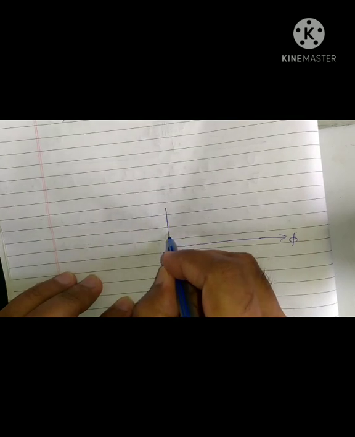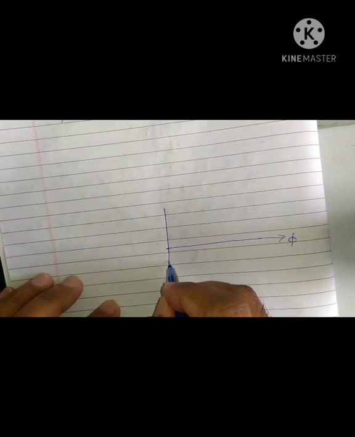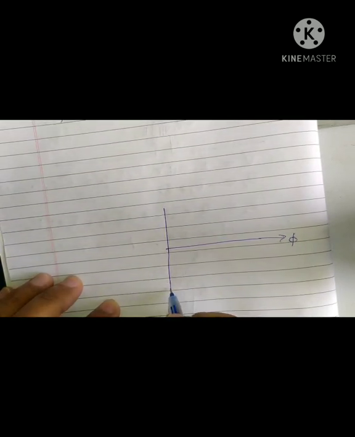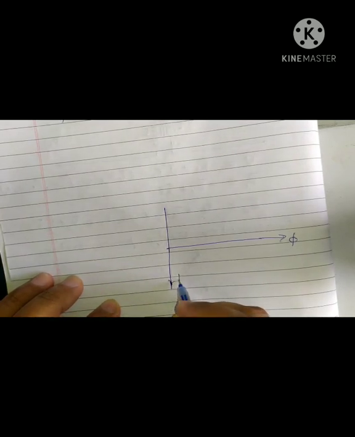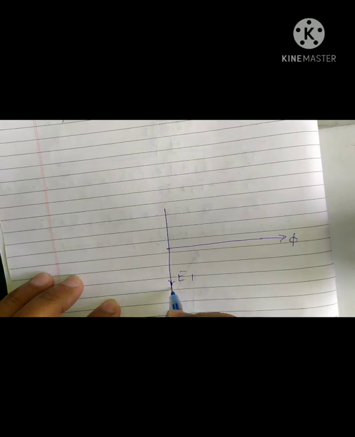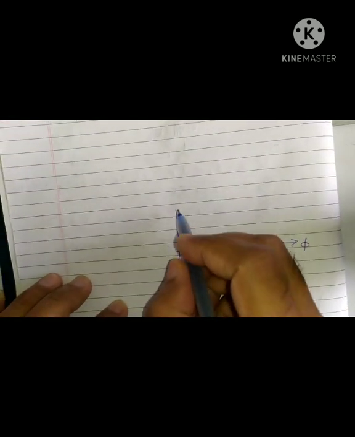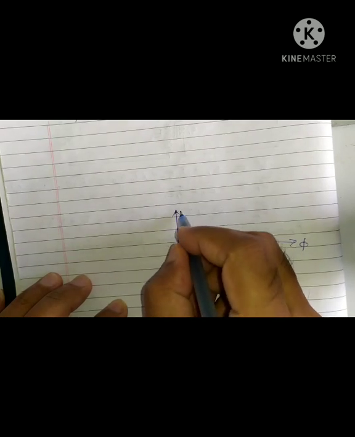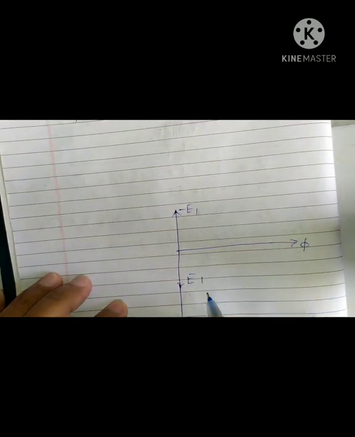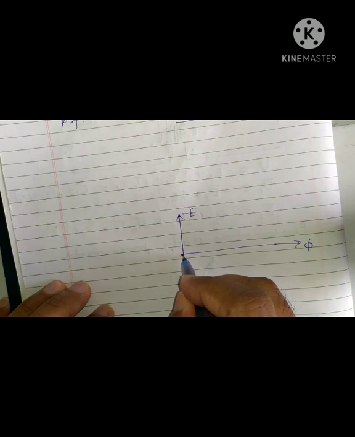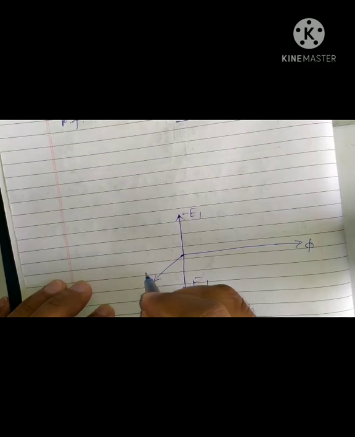This will be the locus of E1 and E2. So say this is E1, and here it will be the locus of E2, and this will be minus E1. You know it. There is V2.